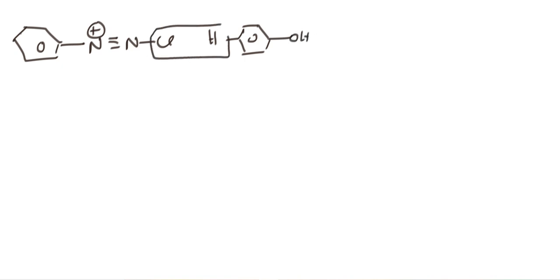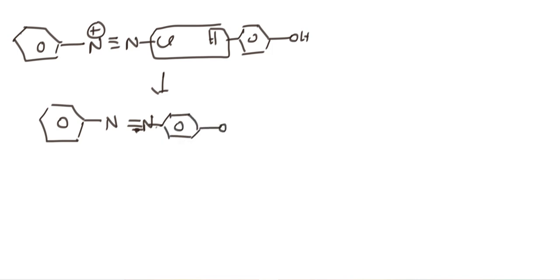And what is the part eliminated? It is forming N. This is forming OH, and here a double bond is there.